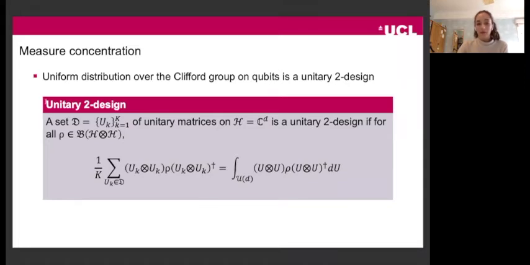And again, here's a recap of what a unitary 2 design means. Essentially, if you're taking an average over second moments of 2 designs, this is equivalent to taking the average over the full Haar measure. And so if we were going to deal with random stabilizers, we'll need to use this 2 design property when considering averages of the network.